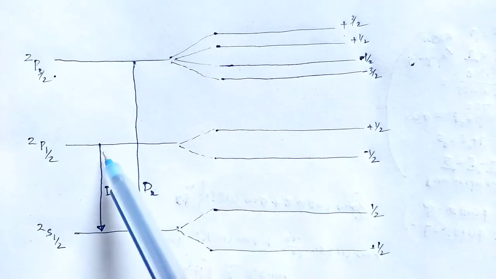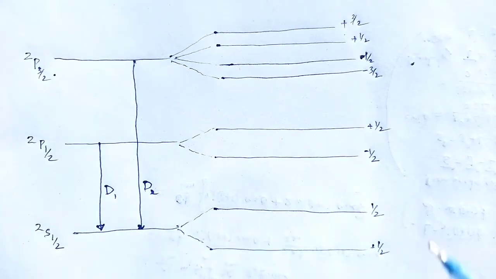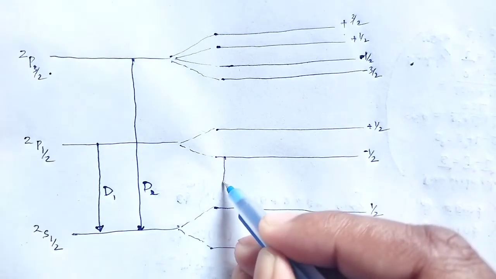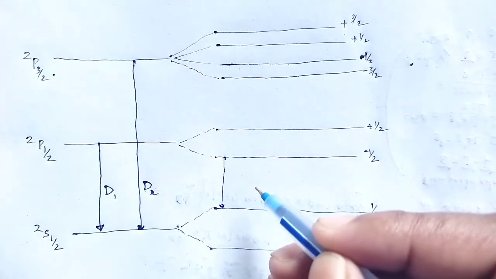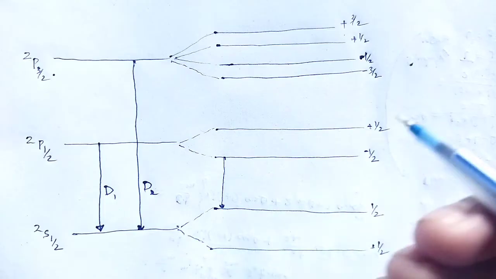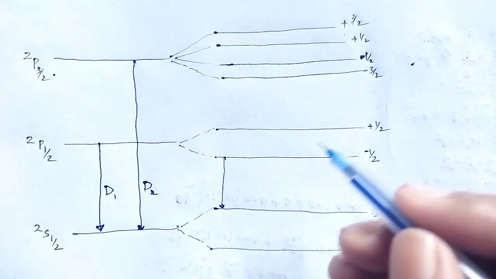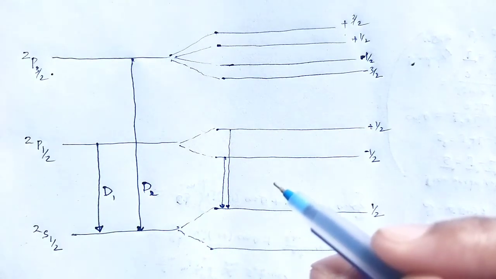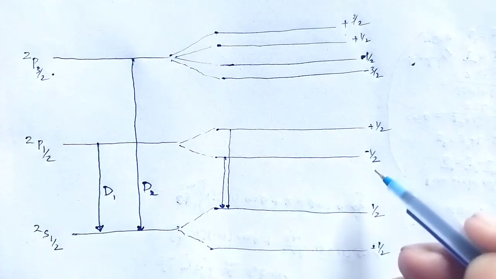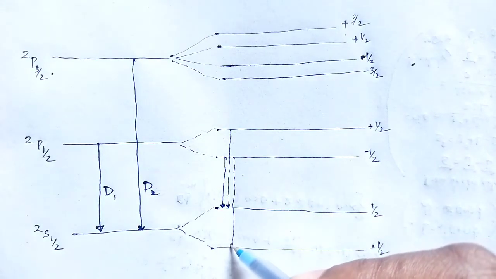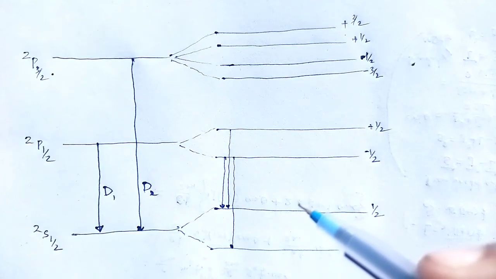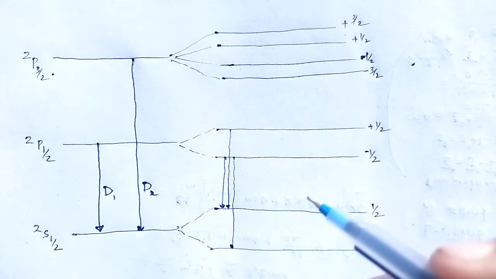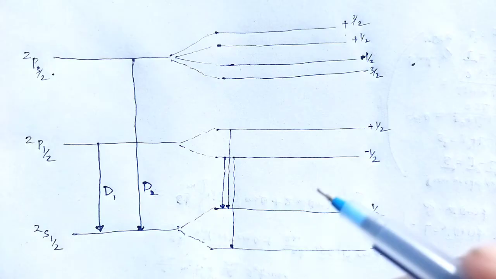So for the first line, the D1 line, what are the transitions? The transitions are from minus half to plus half, then half to half, then minus half to minus half, then half to minus half.